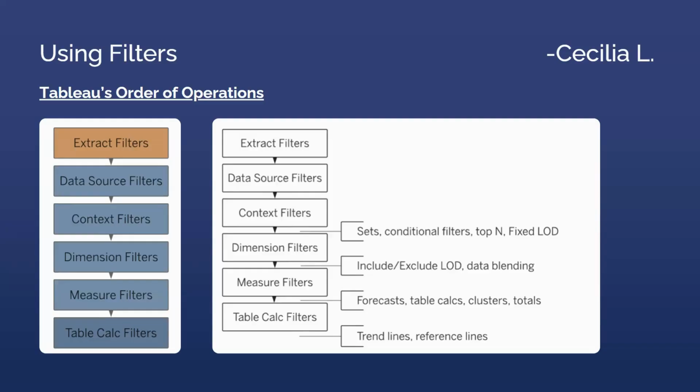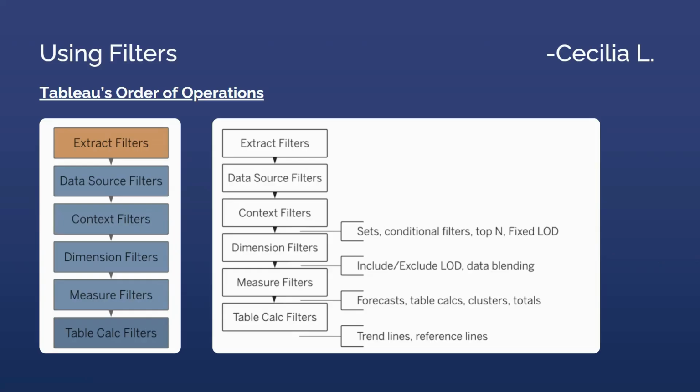As you can see from this slide, we have extract filters, data source filters, context filters, dimension filters, measure filters, and table calc filters. And while there are a lot of filters on this list, many of these filters are going to act very similarly.